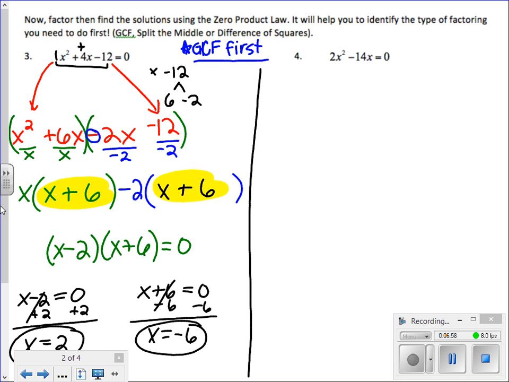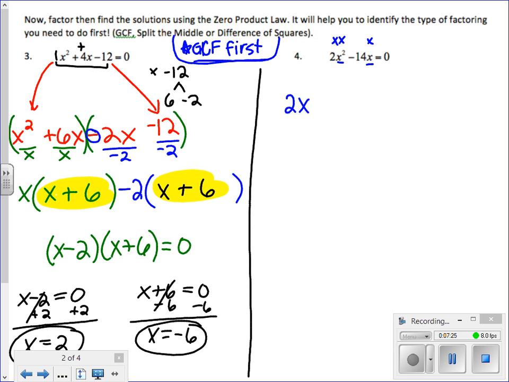Number 4 is 2x squared minus 14x. Remember what we said at the beginning of this lesson, that we always factor by looking for a GCF first. So you should be able to notice that 2x squared and negative 14x have a GCF. 2 and negative 14 have a 2 in common, but both terms also have x's in common. The first one has 2 x's, the second term has 1.